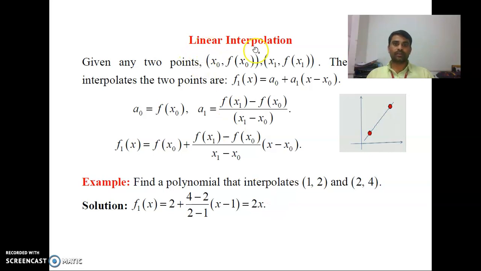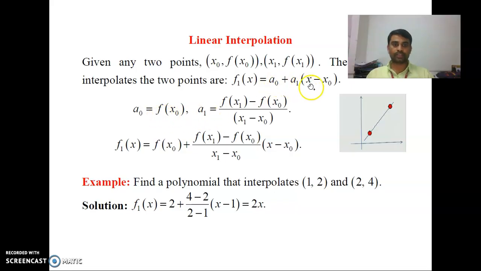Here we describe the linear interpolation. Suppose that two data points are given, x0, f(x0), x1, f(x1), and we have to fit the line f(x) equals a0 plus a1 x. So when we fit this line to the given data points, this line satisfies these points. So we put x equals x0, and we get the value of a0.